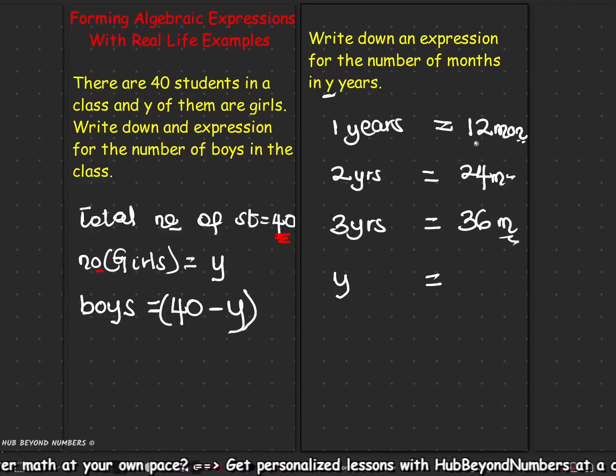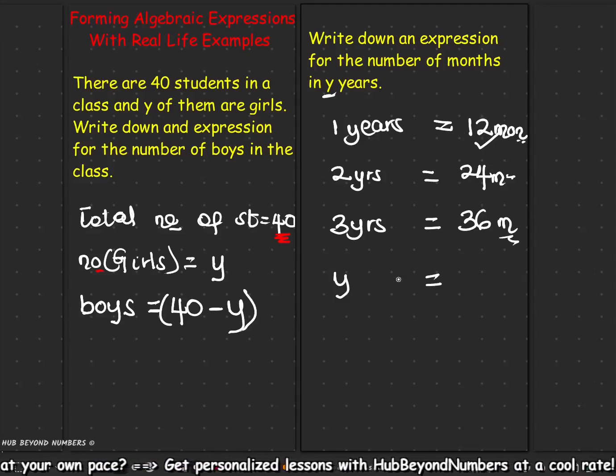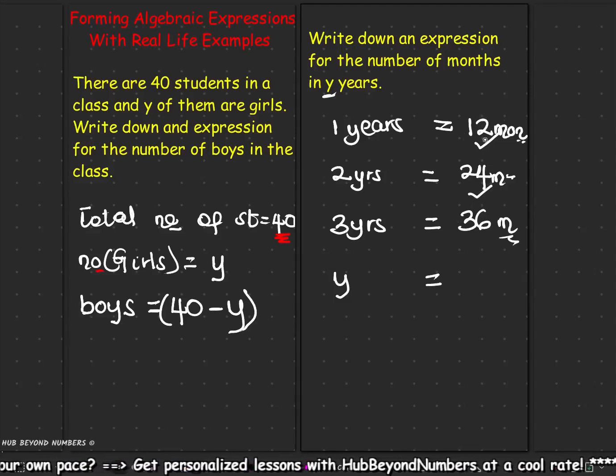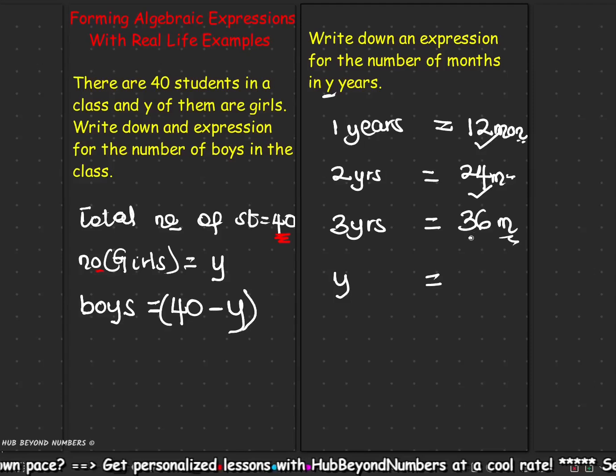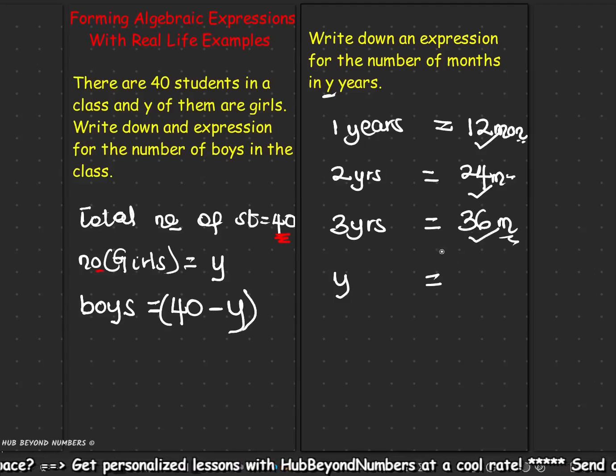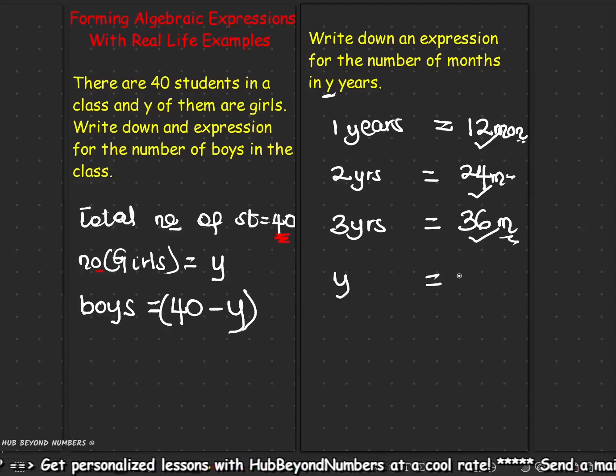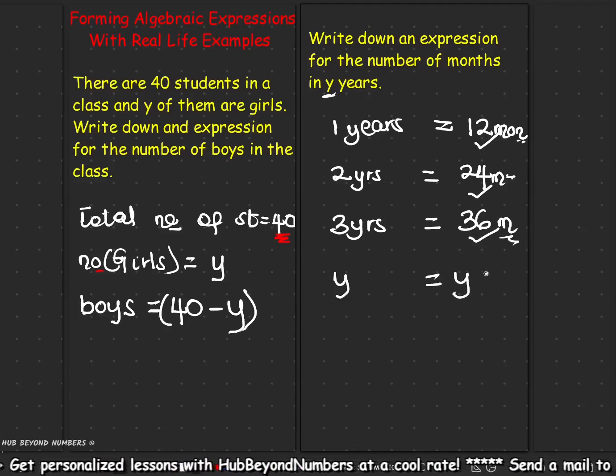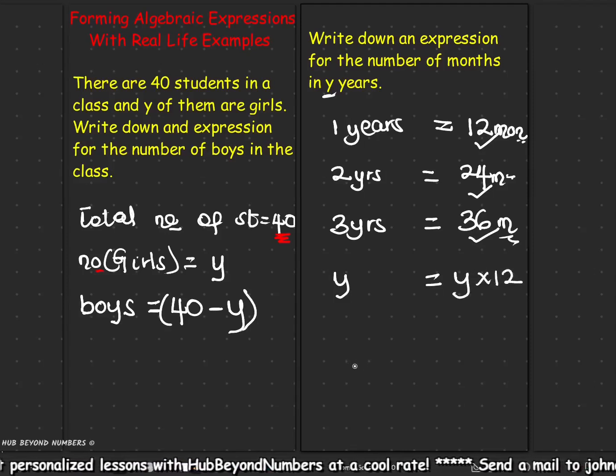Just as we did for this, for 1 year we multiply 1 by 12, for 2 years we multiply 12 by 2, for 3 years we multiply 3 by 12. Then for Y years, we are just going to multiply Y also by 12.